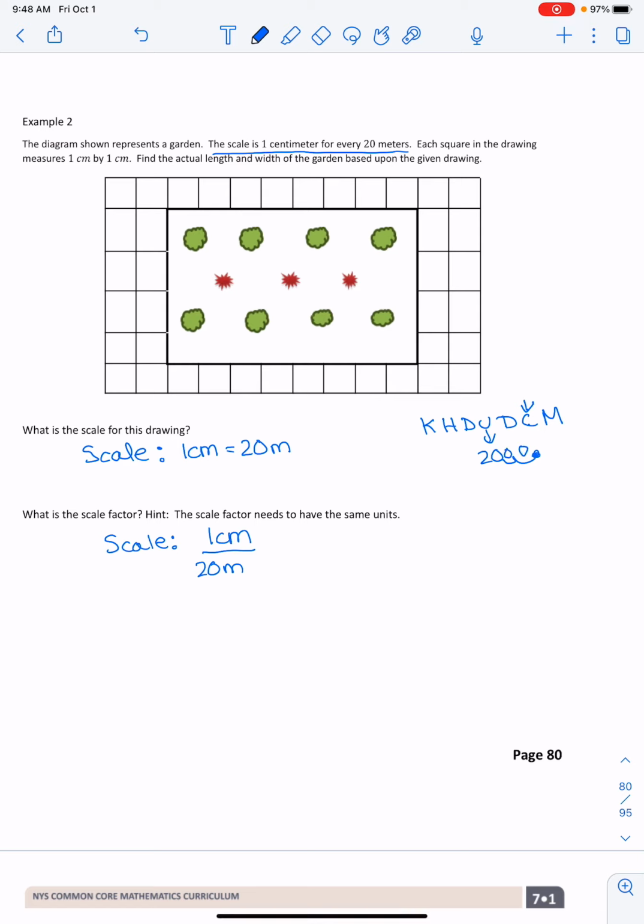So 20 meters is going to equal 2,000 centimeters. So we are going to change that. 1 centimeter is going to equal 2,000 meters. Or sorry, centimeters. Let me change that.